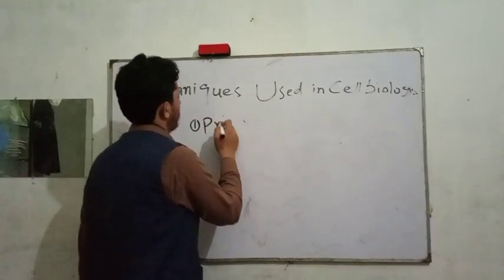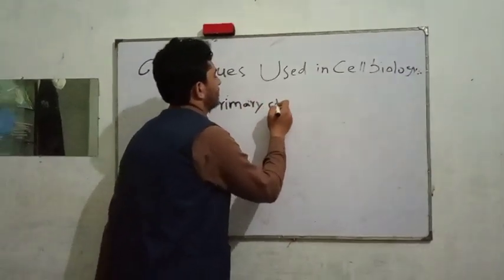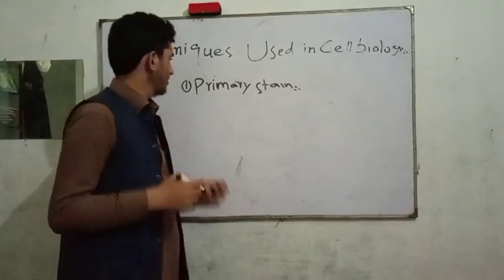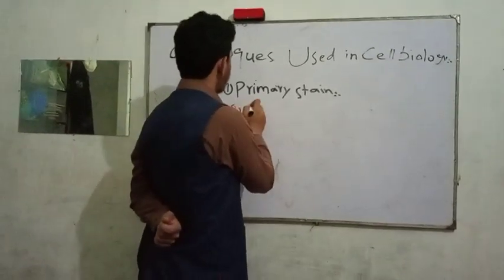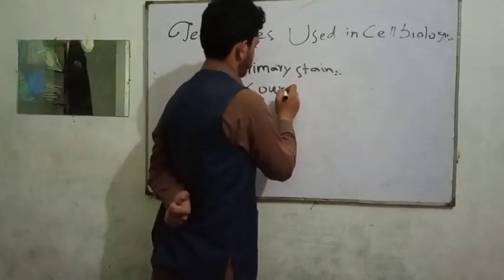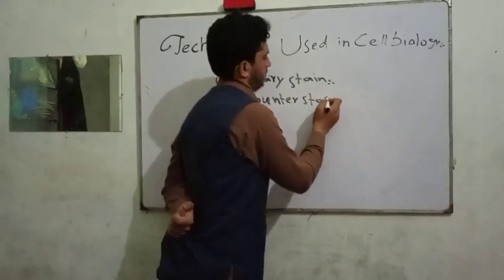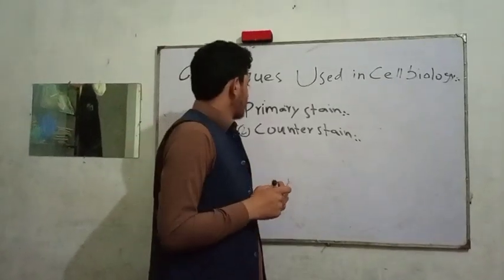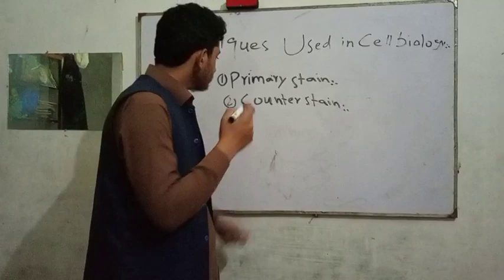For example, the primary stain: the stain given first is called the primary stain. Second is the counter stain: the stain given after the primary stain is called the counter stain.